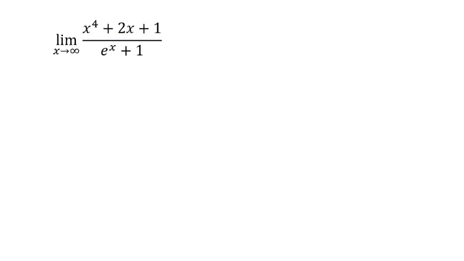But maybe you forgot, or maybe it's April and it's been 6 or 8 months since you did a bunch of limits, and you need to do L'Hopital's rule. That's fine. This is going to infinity over infinity. Infinity over infinity is certainly not a real number. So I'm going to use L'Hopital's rule.